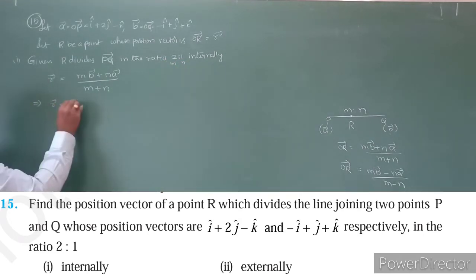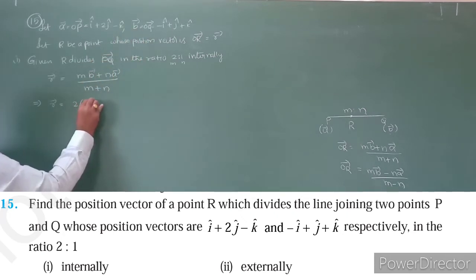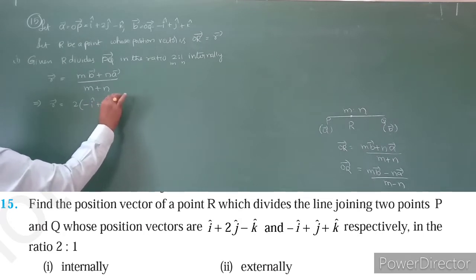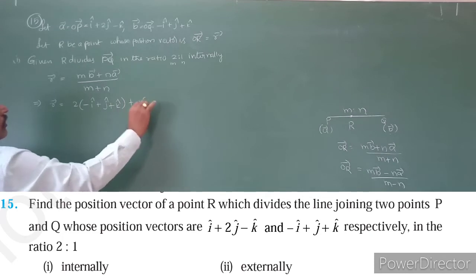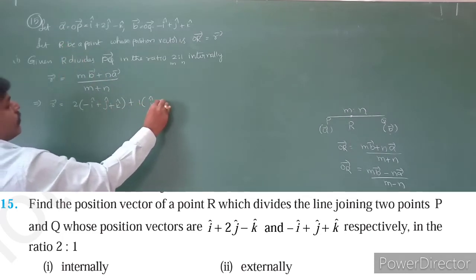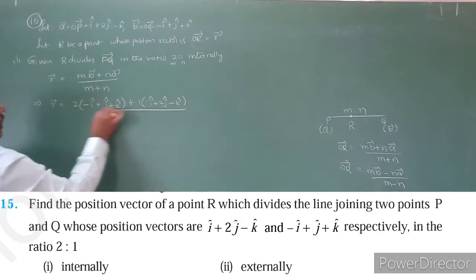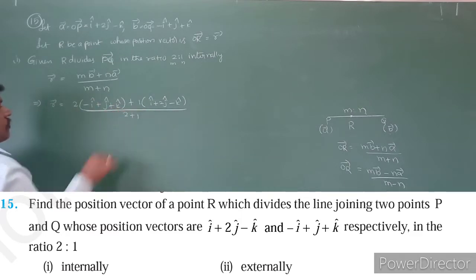So m value is 2 into B bar, which is minus i plus j plus k, plus n is 1 into A bar, which is i plus 2j minus k, by m plus n, which is 2 plus 1.